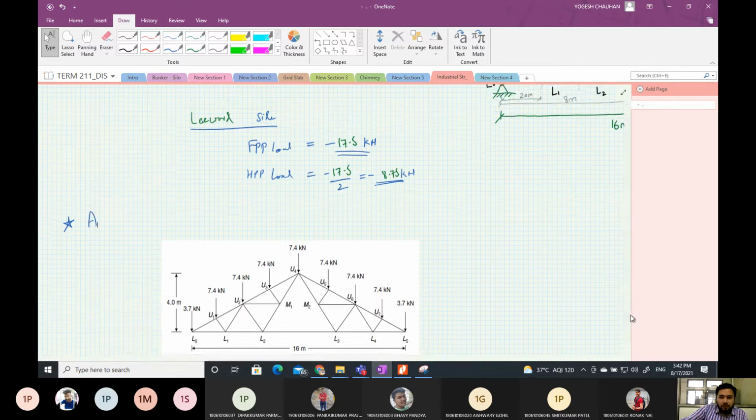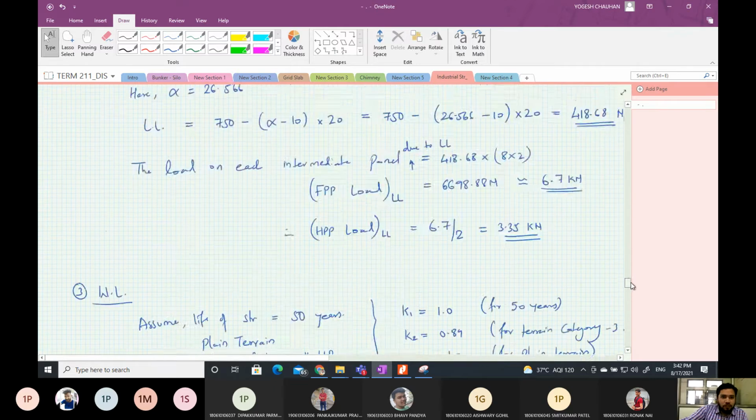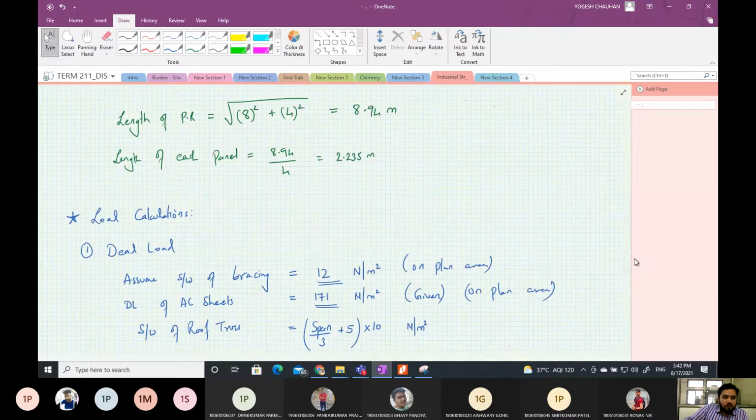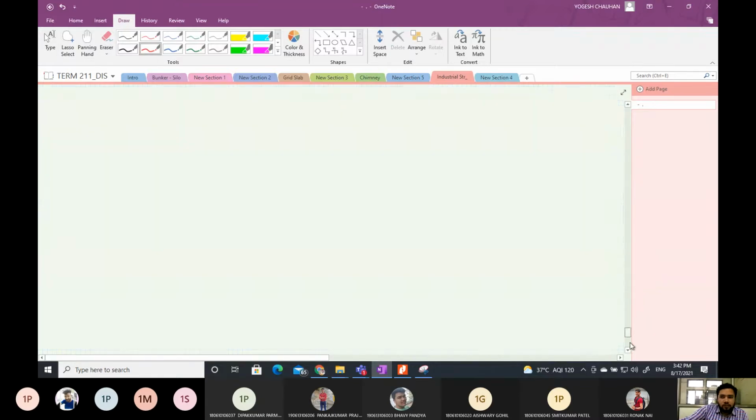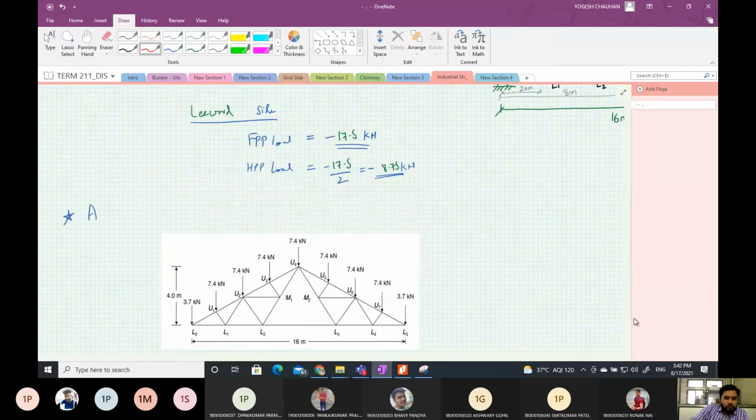This was load calculation. So we have calculated all the loads here. Now next step is the analysis. So all this is analysis for dead load, live load, and wind load case.